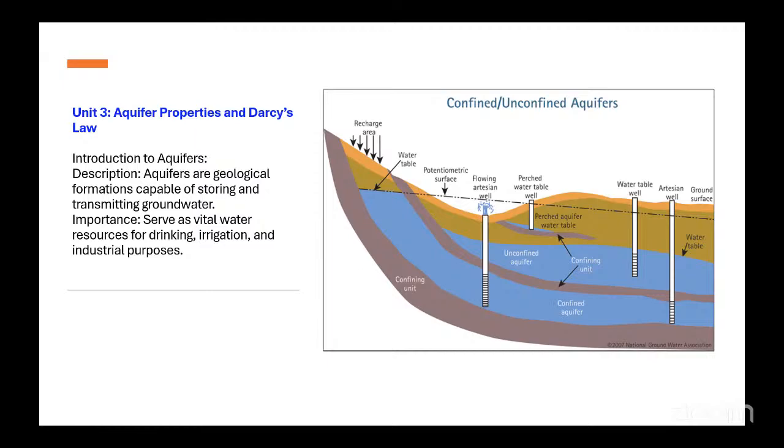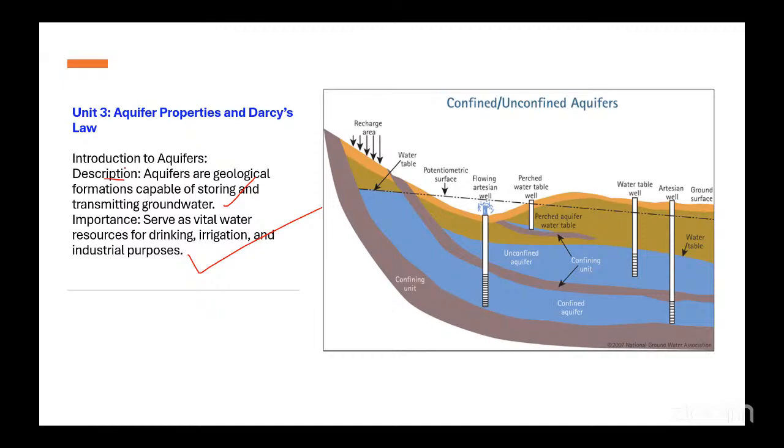Introduction to aquifers. Description: aquifers are geological formations capable of storing and transmitting groundwater. Importance: they serve as a vital water source for drinking, irrigation, and industrial purposes.